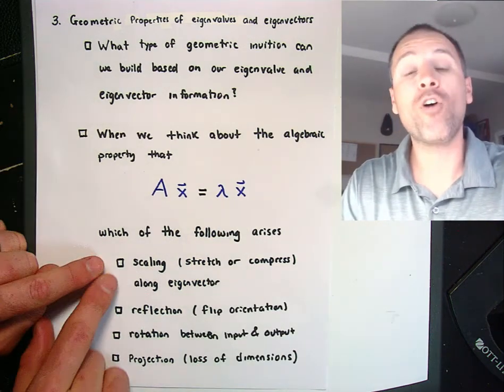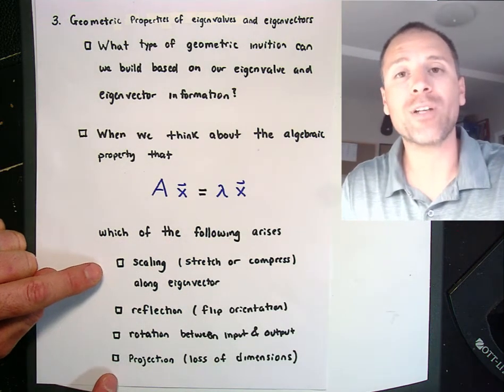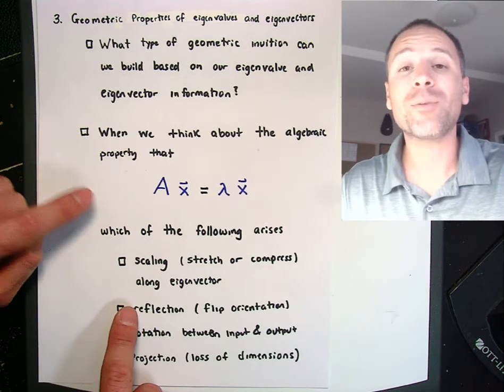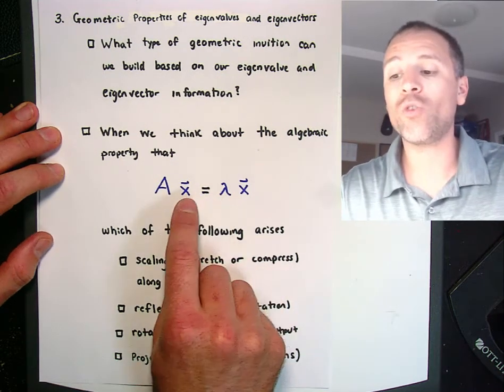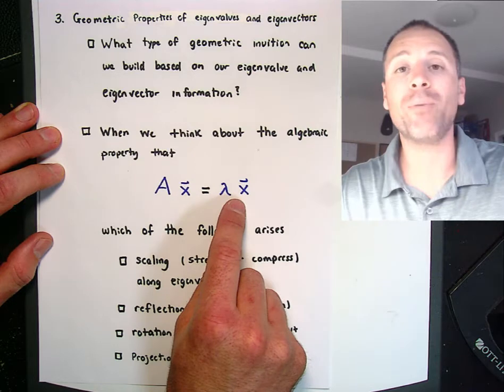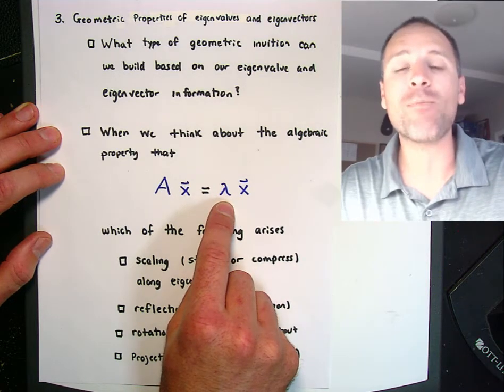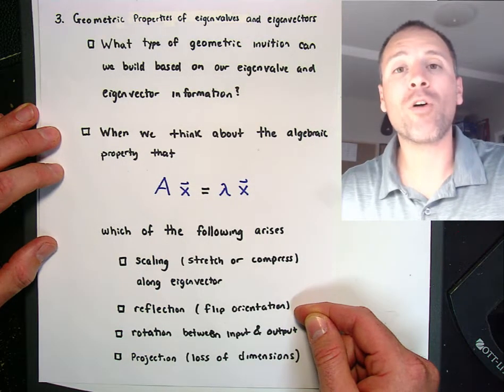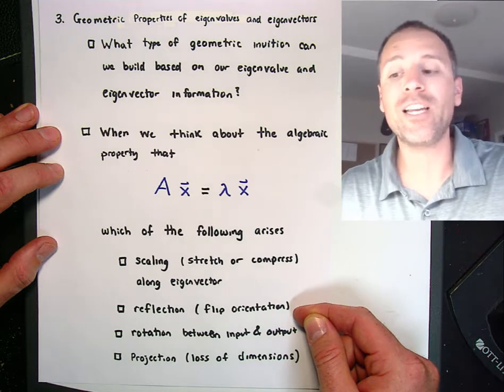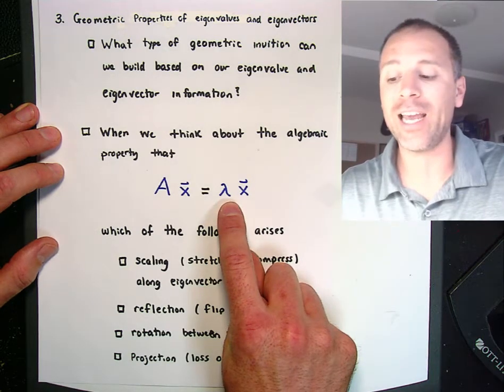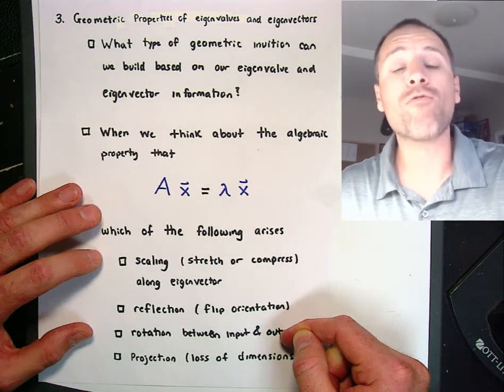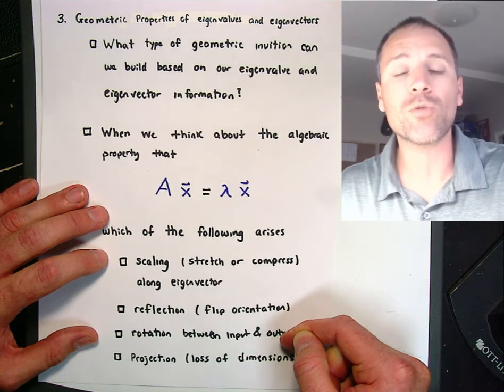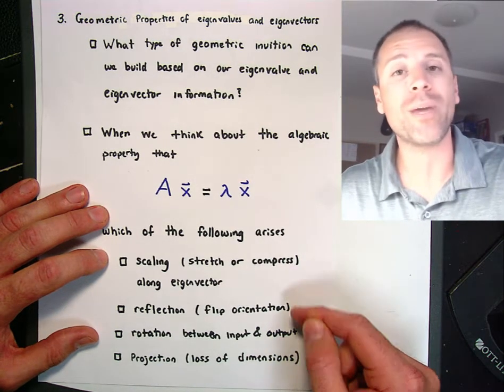Specifically, we're going to focus on a few different types of geometric ideas. There's a concept of scaling where the eigenvalue either stretches or compresses the original input, but maybe maintains the same orientation. We also have the concept of reflection or flipping orientation, which might happen if the eigenvalue is negative. We have this concept of rotation. So we've seen Givens rotations and we've seen rotational matrices.